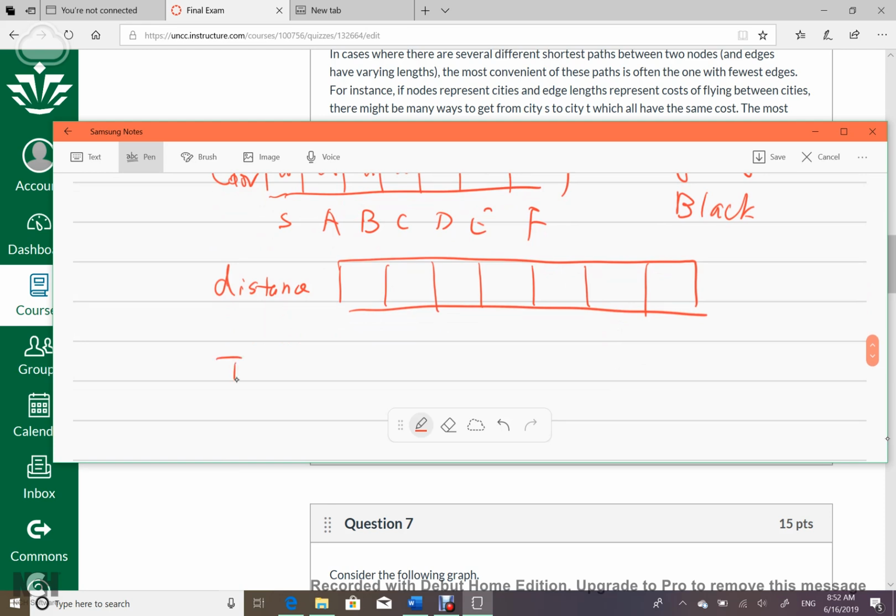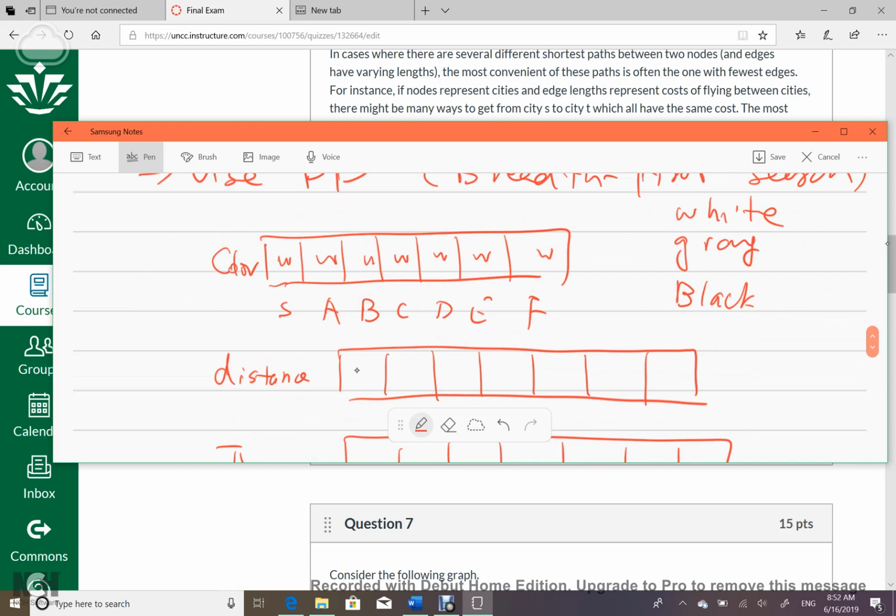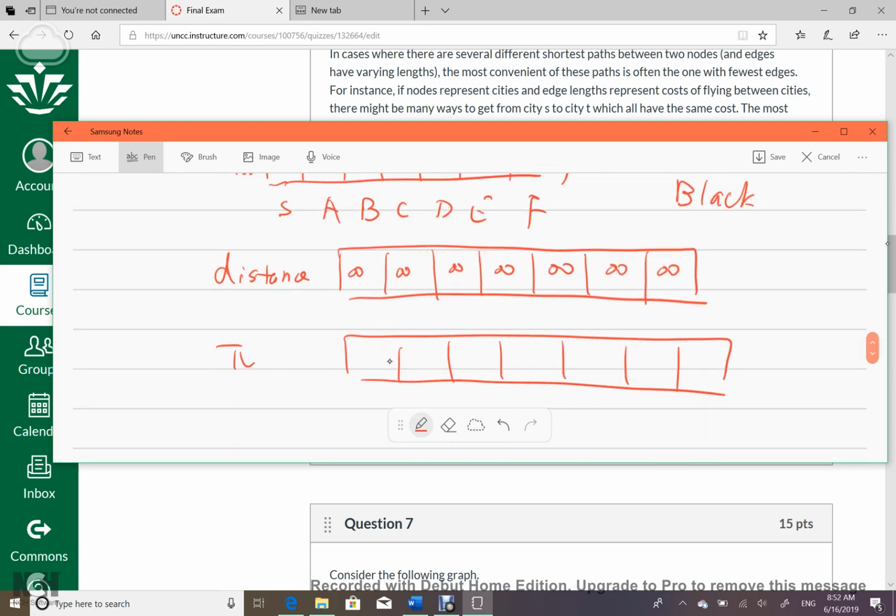And we also have a pi corresponding to parent, right? And here, when you visit, this distance we change a little bit. In the beginning, everything is infinity, right? And everything here is white.